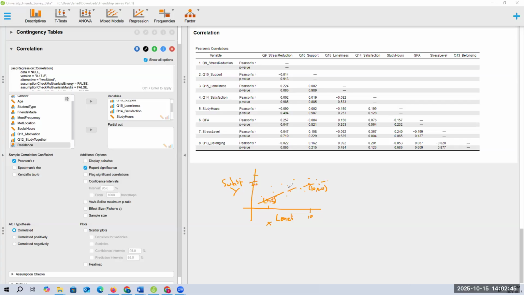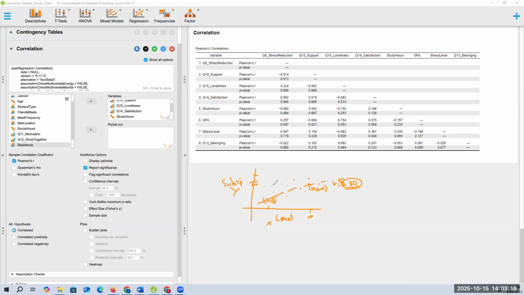If there's a strong correlation, you would have R equal to 0.80, a positive relationship. That would mean the higher the loneliness, the more satisfied the person is as a university student, and they likely have fewer friends. The numeric value points to the magnitude of the correlation, where the plus or minus indicates whether it's a positive or negative relationship.